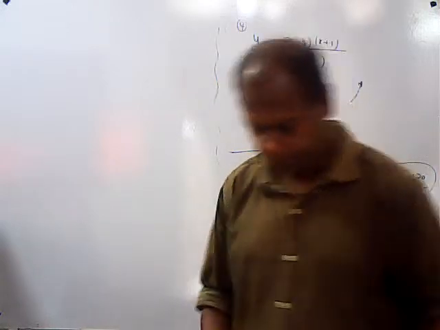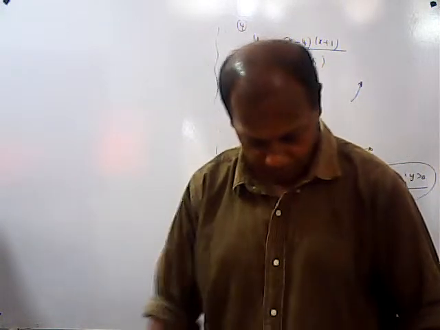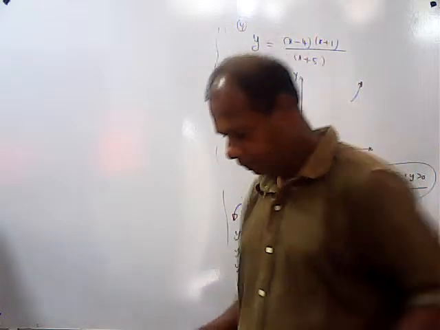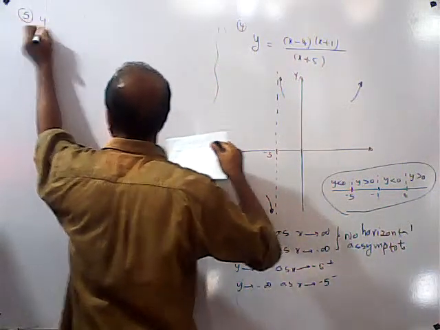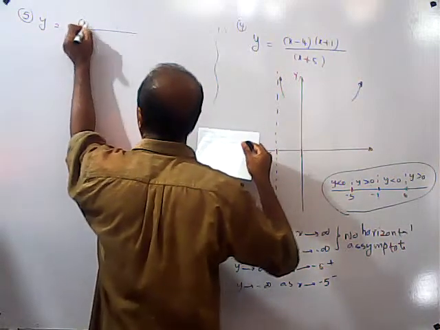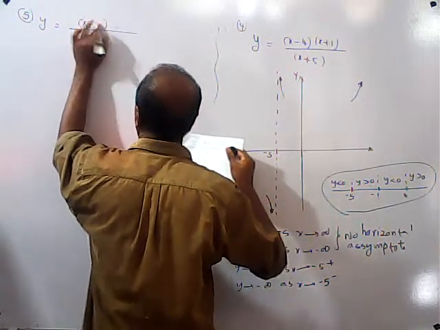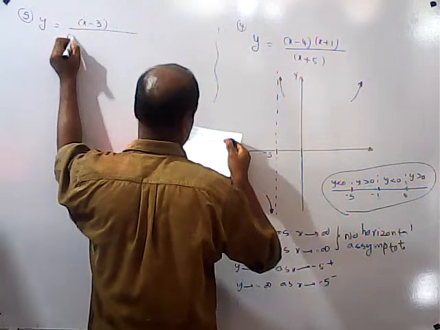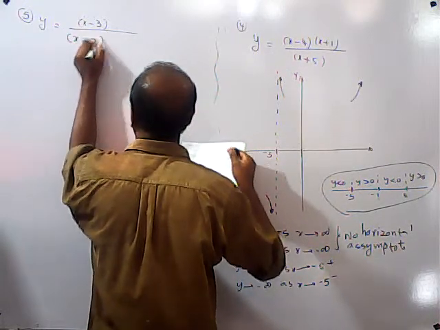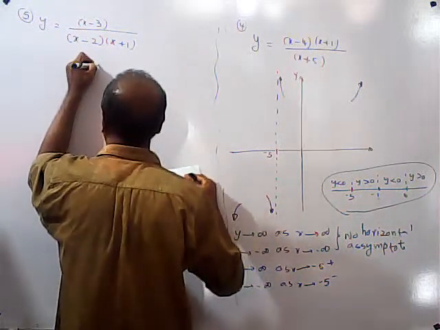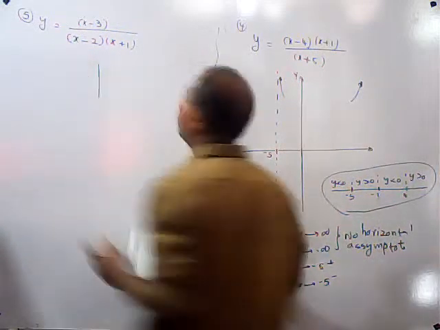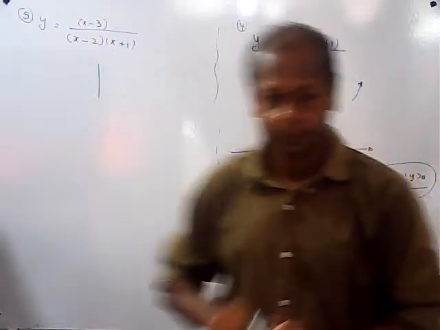Okay, the last one. x minus 3 over x minus 2 into x plus 1, right?